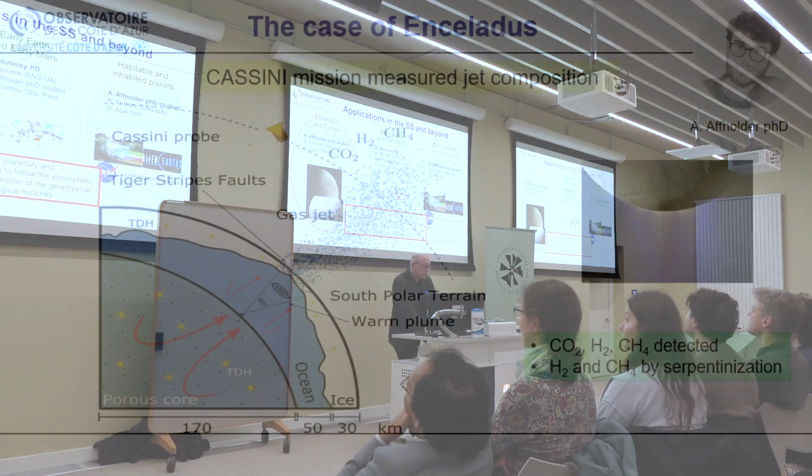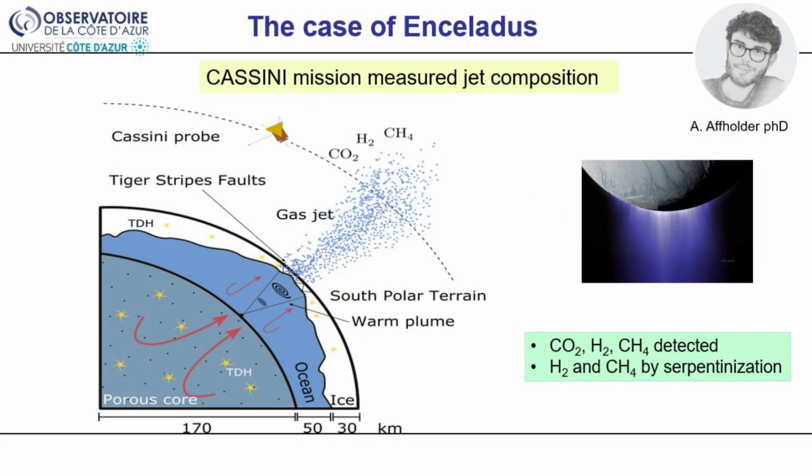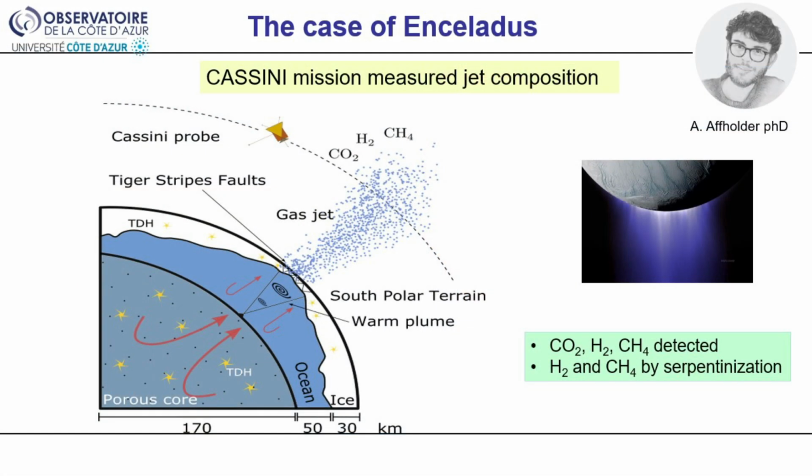So let me summarize what we found for Enceladus. We looked at Enceladus because you had the Cassini-Huygens mission, you remember that mission, that went around Saturn and sent a little probe to go around Enceladus. Enceladus is here on your right, that little moon around Saturn that space exploration pinpointed as actually very active, with jets of water going straight to space.